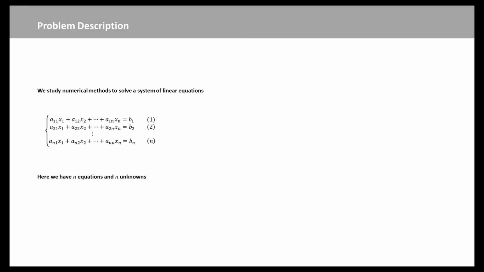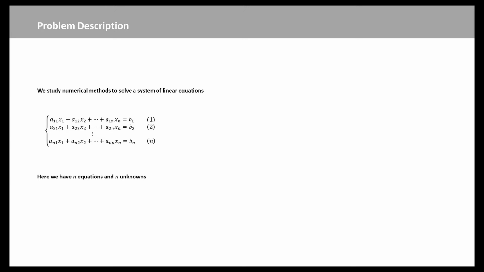Here is the problem: we have n unknowns and we have n linear equations. In the general form, we can write it as follows. Since each equation is linear in our unknowns x1, x2, all the way to xn, each is multiplied by some coefficients.